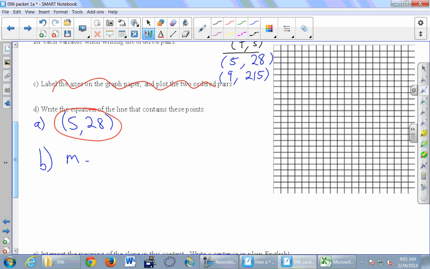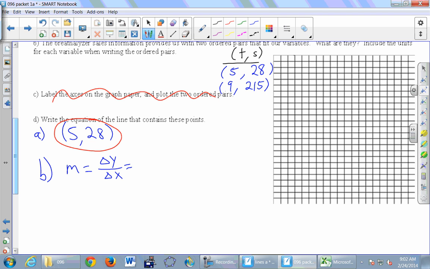So I'll write the formula here, m equals, so I'm going to write it in the shorthand, change in y over change in x, with that little delta symbol to represent change. But then I'm going to ask us to use the letters that are relevant in this problem. We don't have y. Which one of those letters up there is y? Is the s. So I'm just going to write it this way, change in s over change in t.